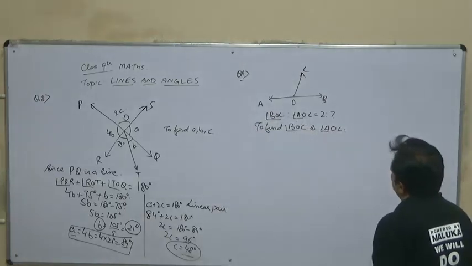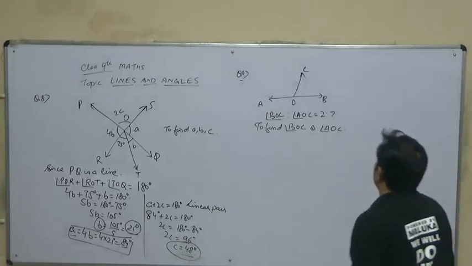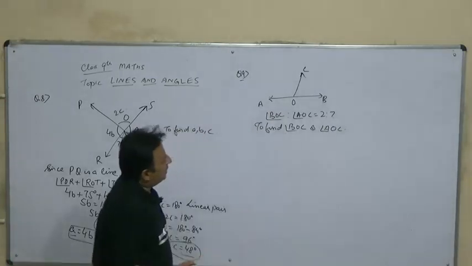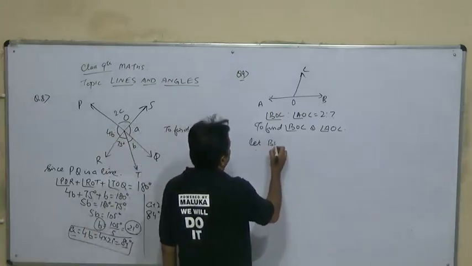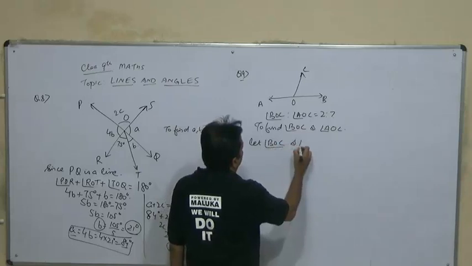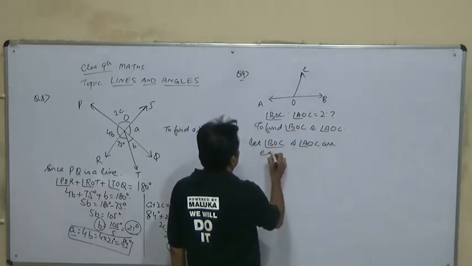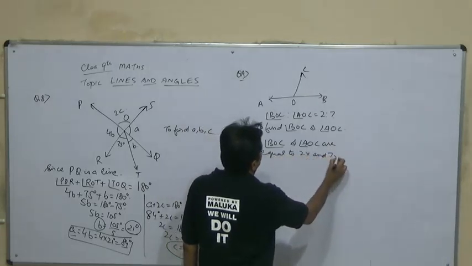Since we know that these two are adjacent angles and they form a linear pair, let BOC and AOC be 2x and 7x.